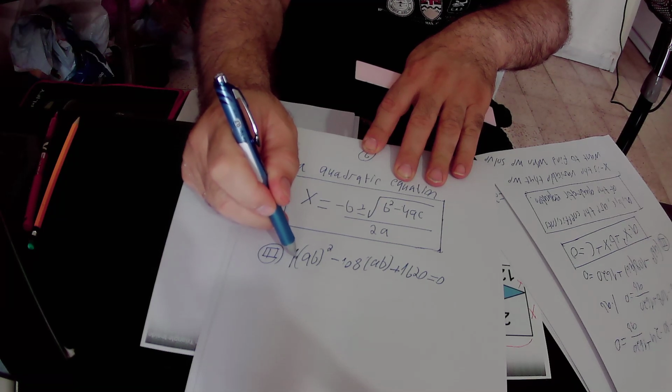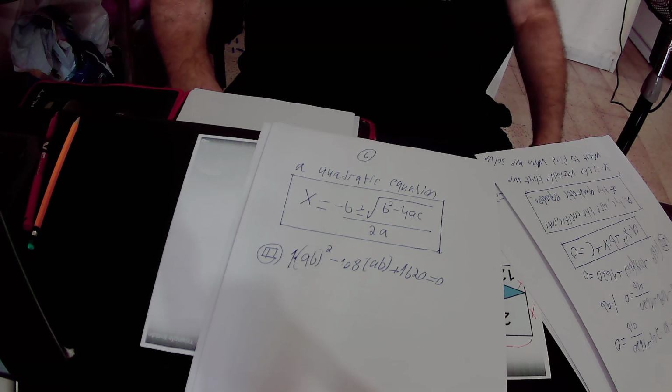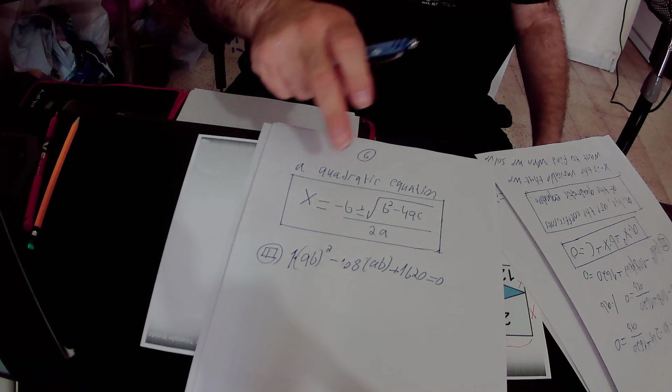You will not change the expression, because every number that you multiply by 1 will be the same. So we can multiply AB squared by 1.